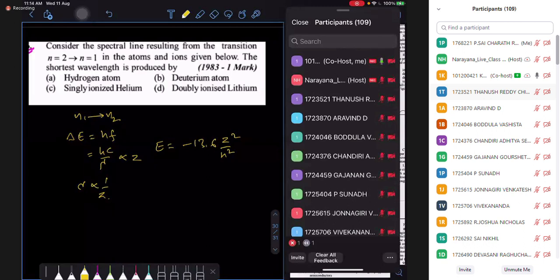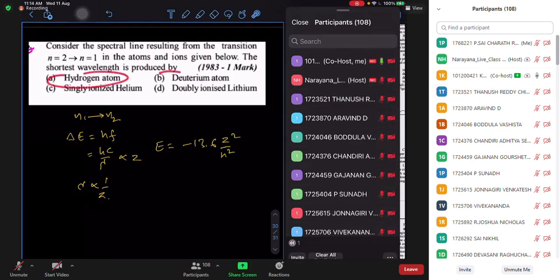In the same question, I twist it slightly. Lithium is more than helium, helium is more than hydrogen. If we want to compare deuterium and hydrogen, can we compare them?